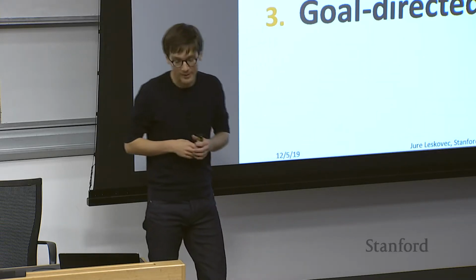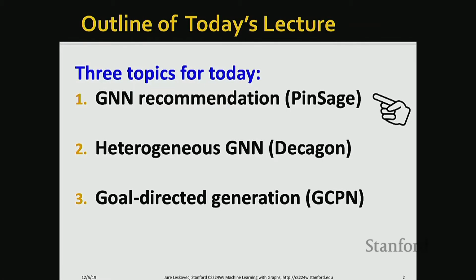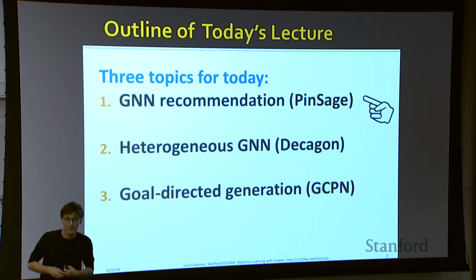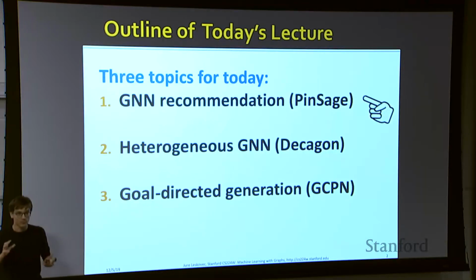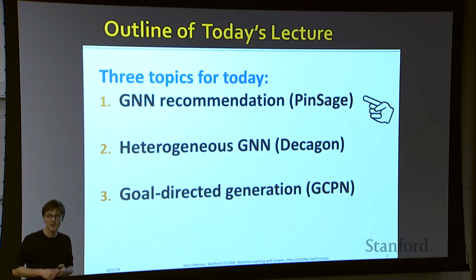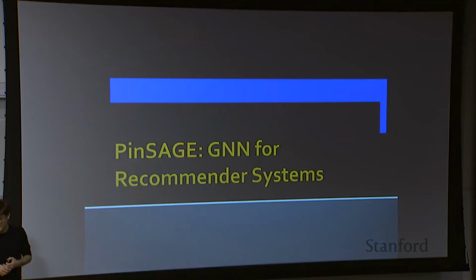What I will try to cover today is first, how can you use graph neural networks to build large-scale recommender systems. How can you apply graph neural networks to heterogeneous networks to predict side effects of different drugs that people take simultaneously, and then we'll also look at molecule generation. So essentially, that's the idea for today.